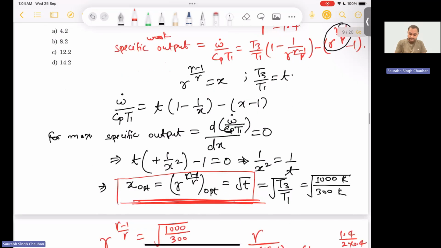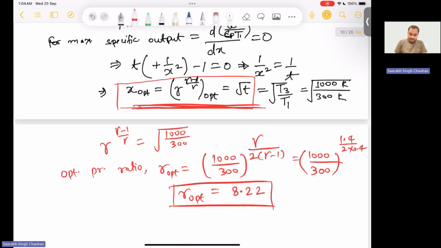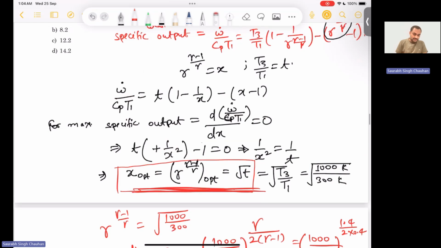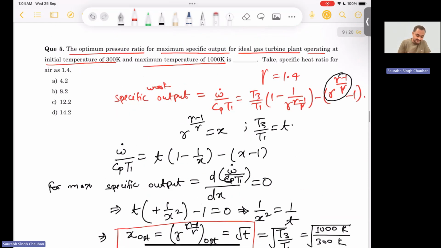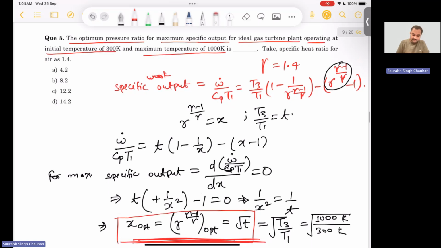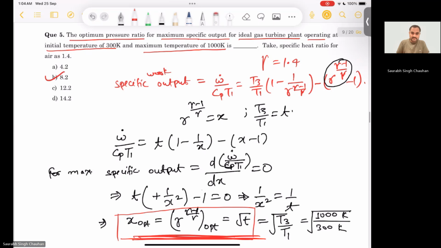So optimum value of pressure ratio in this question we are getting to be 8.22. So let us check all these options: 4.2, 8.2, 12.2, or 14.2. So option B is the closest option, right? So part B should be the correct option, 8.2. Okay, so I hope this is clear.